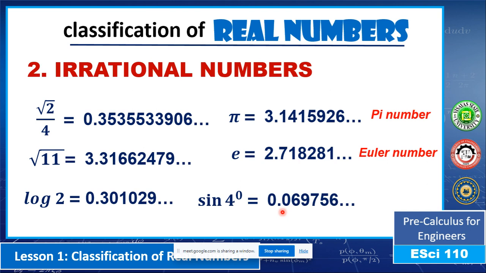So take note, class, if during the quiz you are given numbers related to physical phenomena or physics, it is not an irrational number at all, because it already has a dimension. The g depends on distance, because g is in meter per second squared, so it also depends on time.